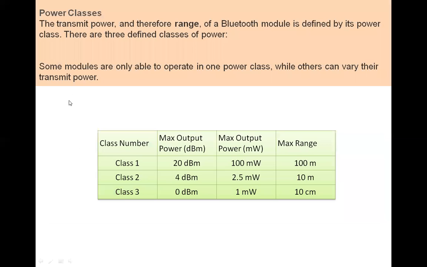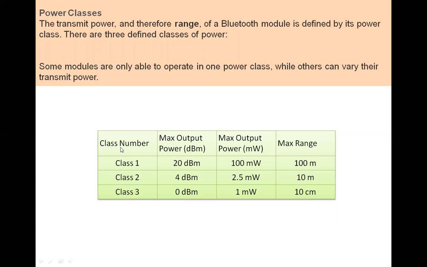Now there are power classes that you can see with these Bluetooth devices. The transmit power, and therefore the range, of a Bluetooth radio is defined by its power class. There are three defined classes of power. Some radios are only able to operate in one power class, while others can vary their transmit power.